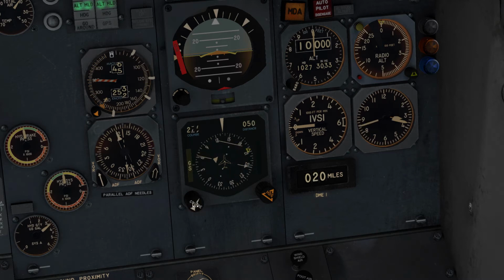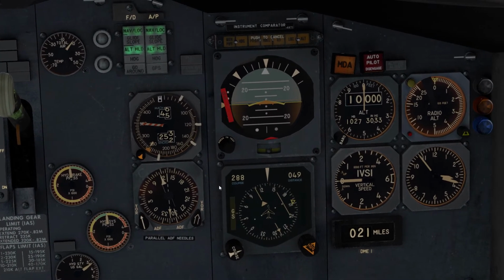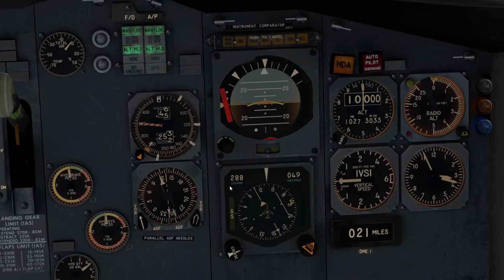That's one method to do it. Or we can do what most pilots do, which is the +2 -2 method. If I want to get the reciprocal of 288, I either do +2 -2, or I do -2 +2.